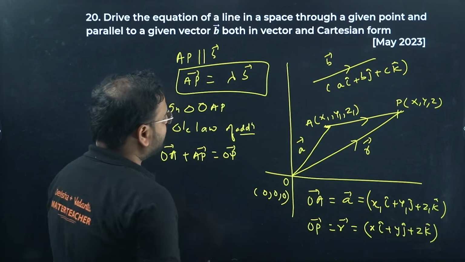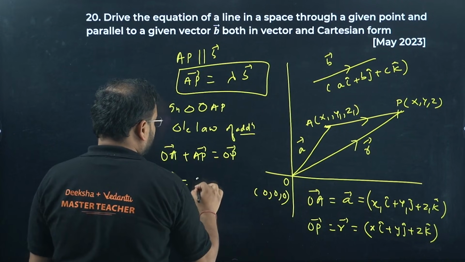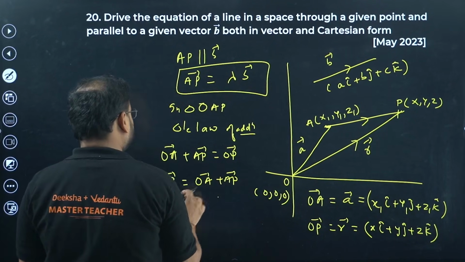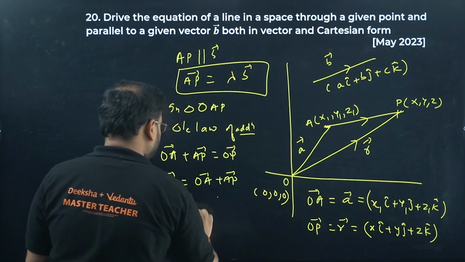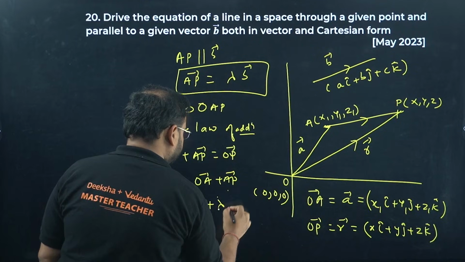What is OA? OA is vector A. So OP equals OA plus AP, right? I can replace OP as vector R. Check here, OP is vector R, OA is vector A, and AP is nothing but lambda times B.